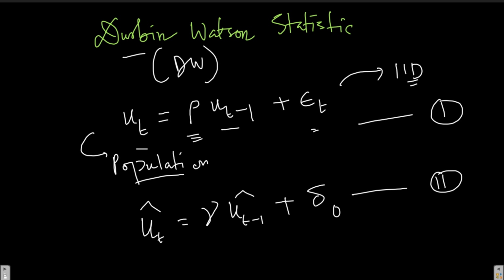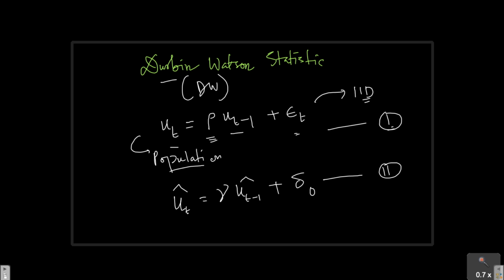Now if I want to write the null hypothesis for the presence of autocorrelation corresponding to equation 1, my null hypothesis H naught is going to be that rho is 0. If there is no autocorrelation, that means rho is 0, so this period's error term is not dependent on the previous period's error term, and that is the end of the story.